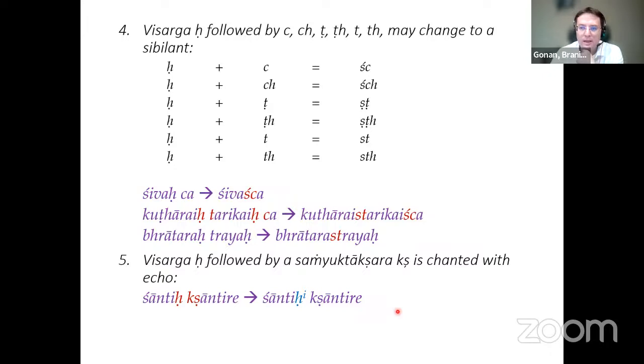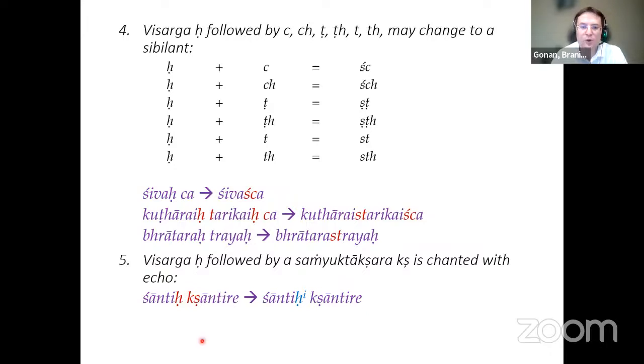Something very important I've noticed when we chant Rudram is that certain people don't pause here. We need to obey this rule when Visarga is followed by a samyuktakshara, a compound consonant like ksh, right? Then we need to echo it and pause.